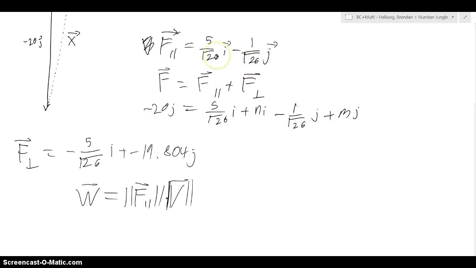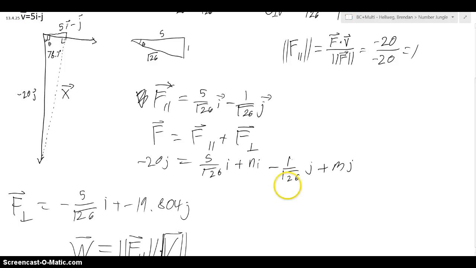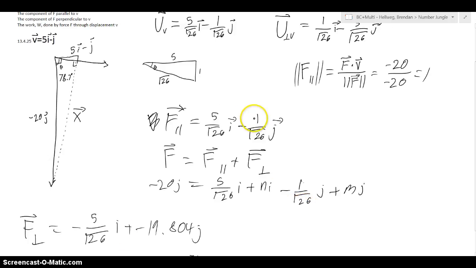That will be the square root of 26, because as we can see, the magnitude of vector F parallel is equal to 1, and the magnitude of vector V is the square root of 26.